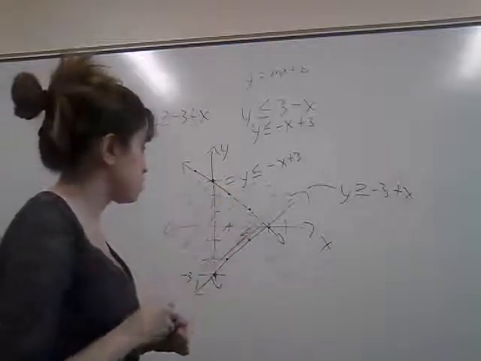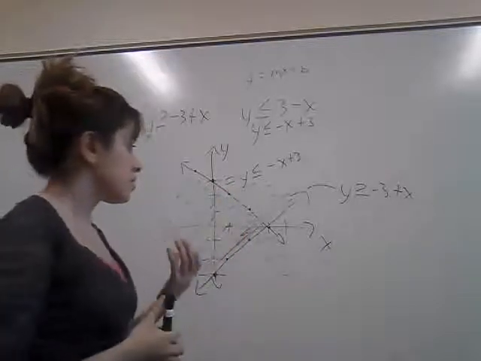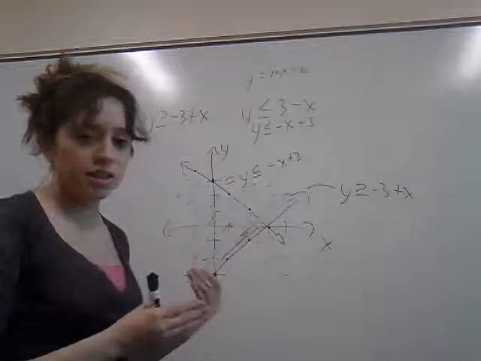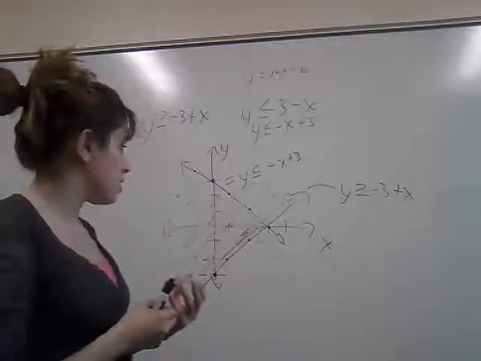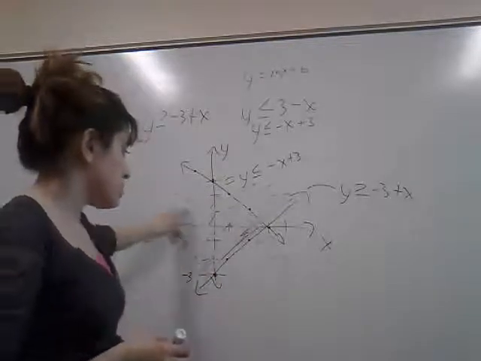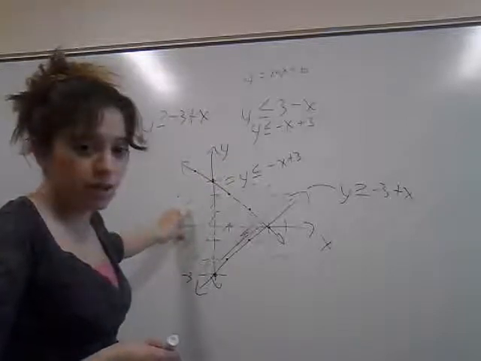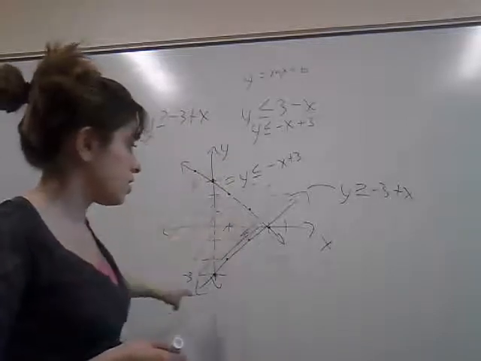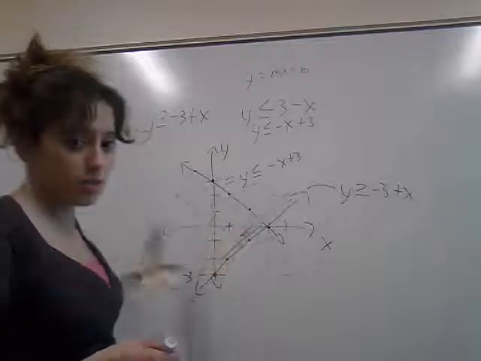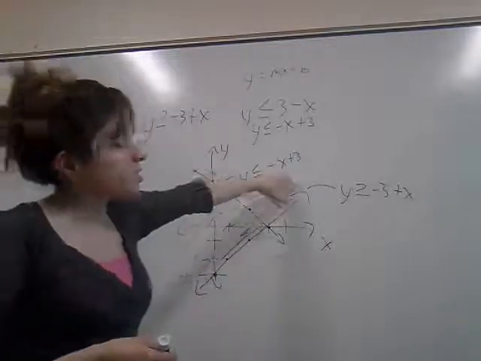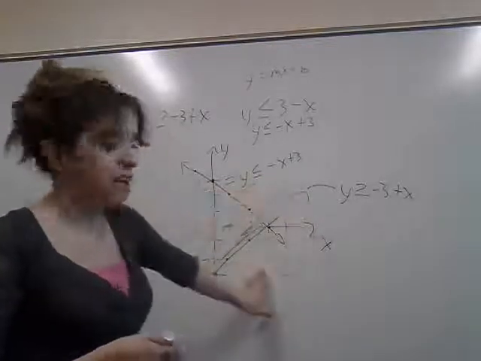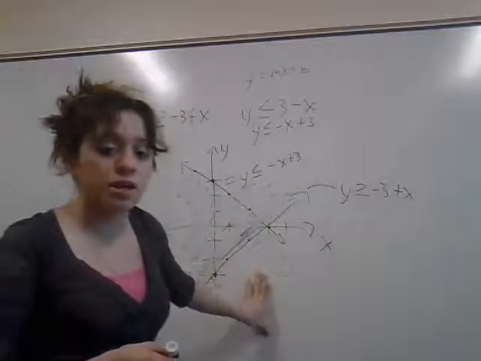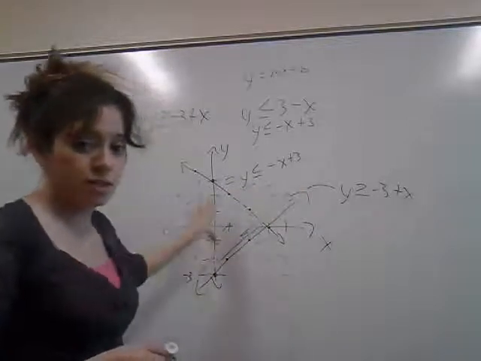Now you have to take a look at where the shading intersect. My two colors are in the same area in this right here, this almost triangle type shape, except that it's open. Over here I have some of one color, and over here I have some of another color, but they do not overlap. They overlap only in this area.